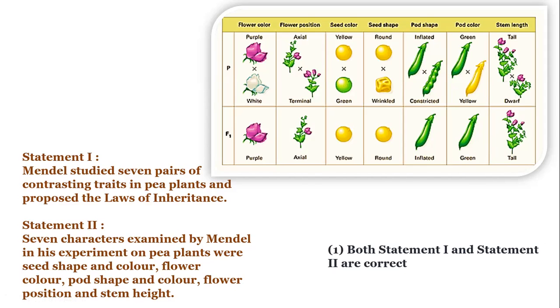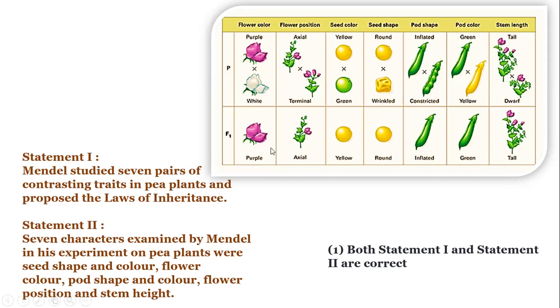Now, Mendel deduced that genes came in pairs, and there are 2 alternative forms of genes which he called alleles, right? And there is separation of alleles during gamete formation.